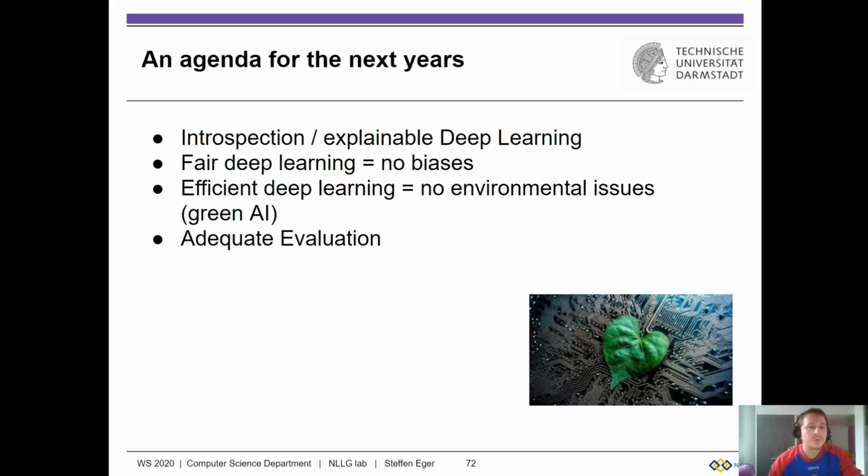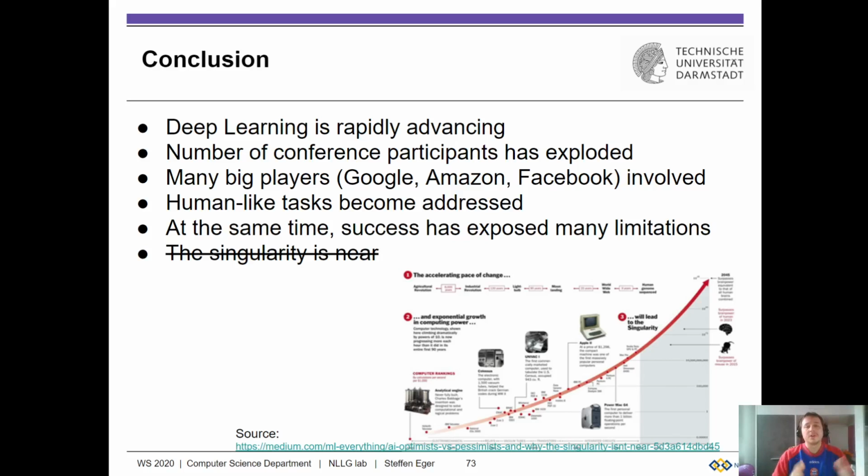So this is what I think is the agenda for the next few years in deep learning for natural language processing. And I want to conclude: deep learning is rapidly advancing. The number of conference participants has also exploded. In the last few years, much money and many big players have come into the arena.